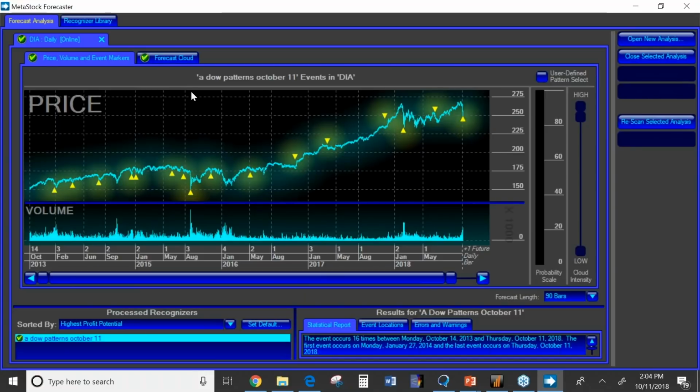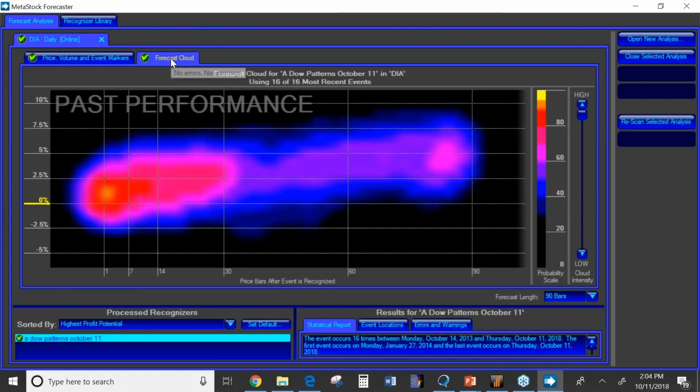Let's just look at the way that the forecast cloud looks. What I'm seeing here is a bit of a story in terms of what happens on the chart. If I'm looking right here, I can see that a lot of the times we have about a 60% probability that it's going to go up. It doesn't go up dramatically right here. This is the 2.5% level, and this is the 5% level, and this is a 0.